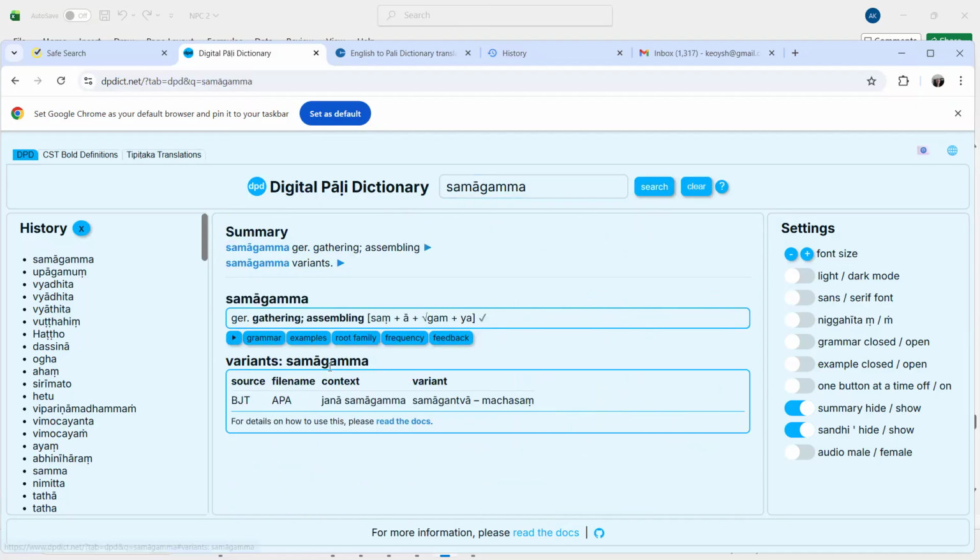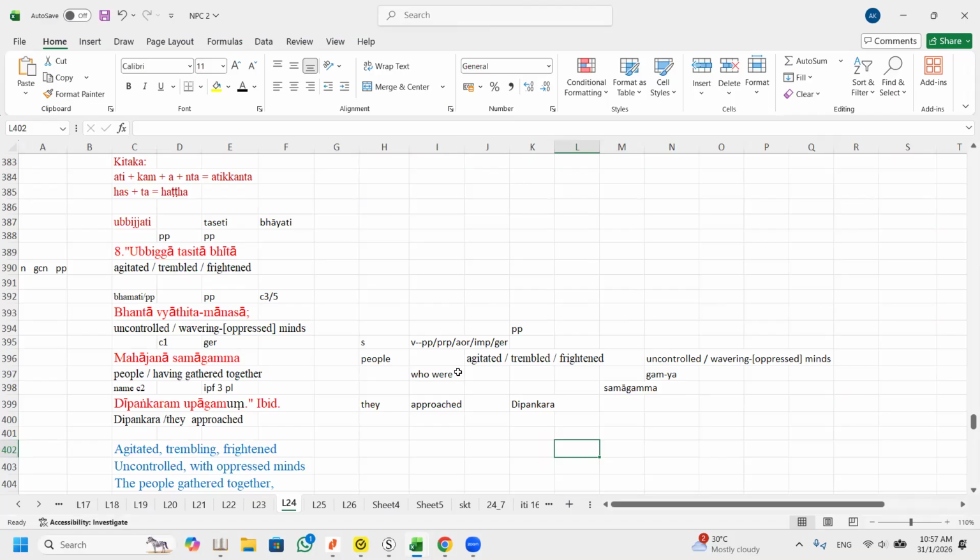Okay. So that means here, gerund, having assembled or having gathered. All right. So that means this is confirmed already. So here, after that means people who do here. In this case, you see, I'm going to put here 'and' 'assemble'.